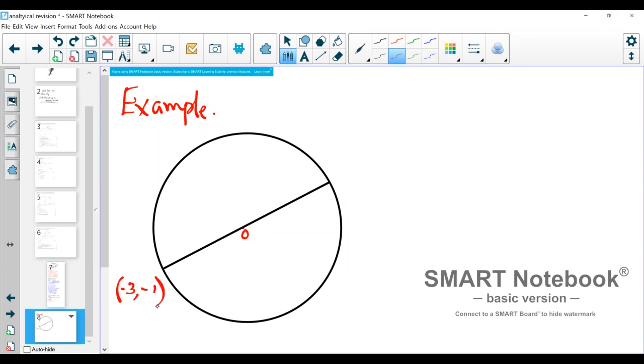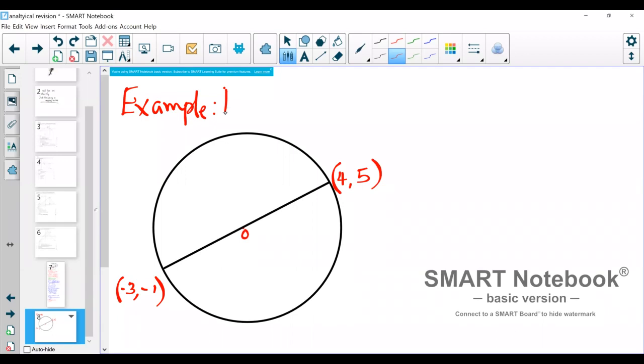And then let's have this as a +4 and a +5 quickly. All right. Let's get the equation of this circle.